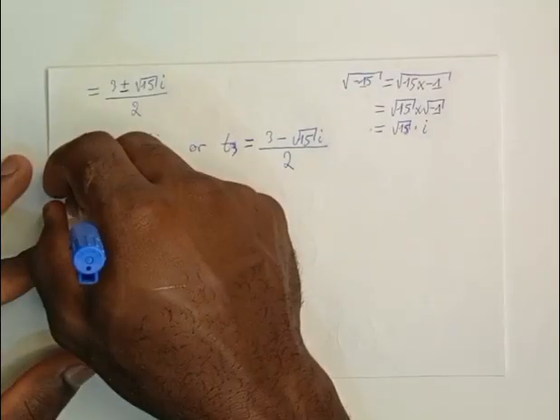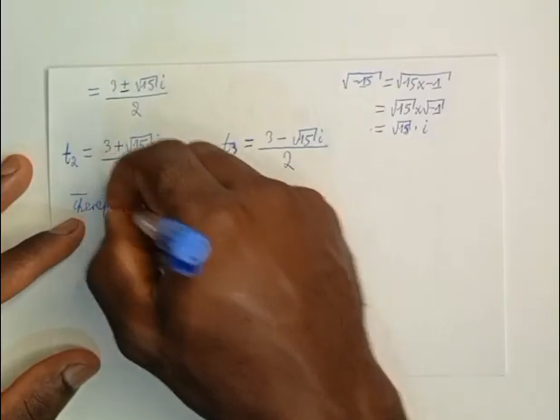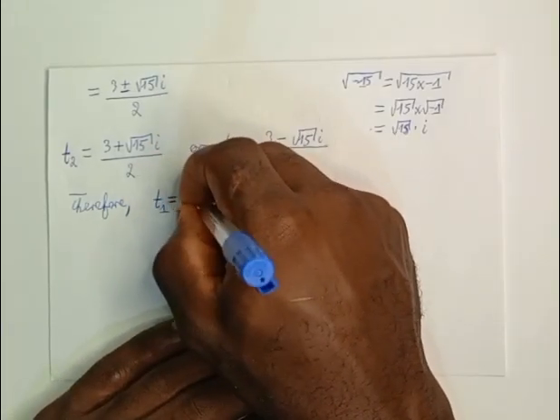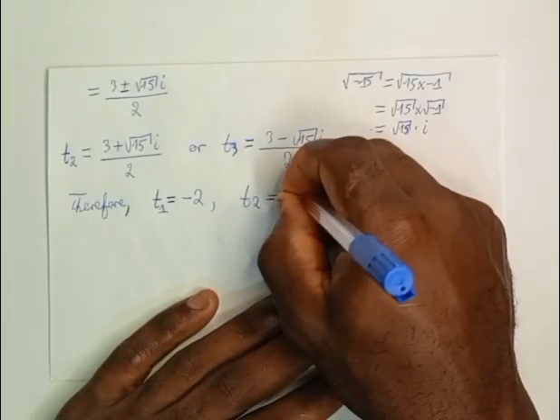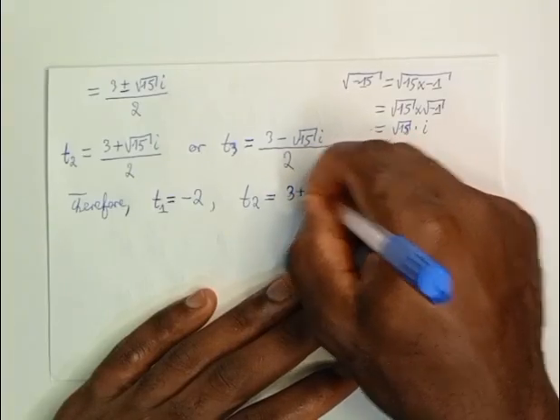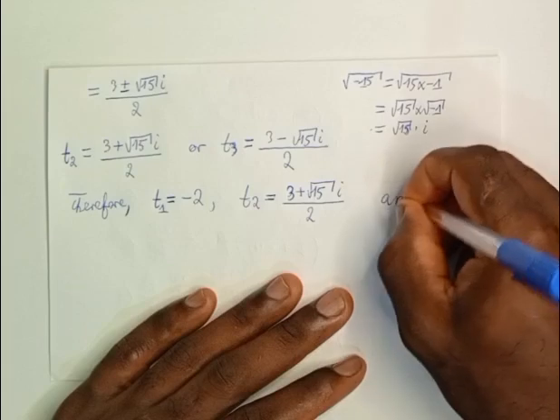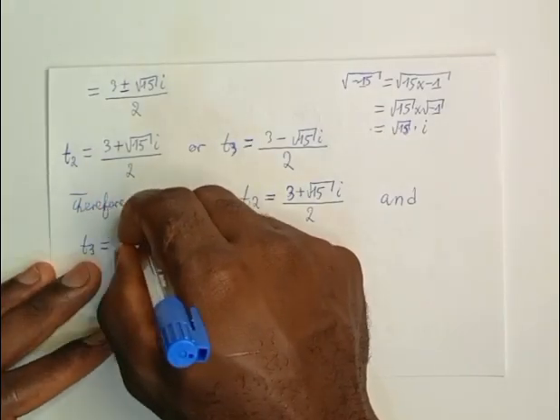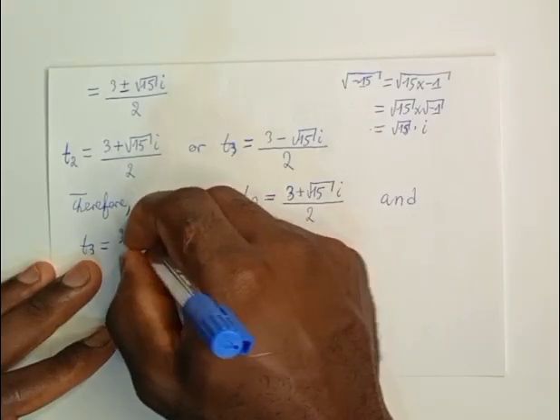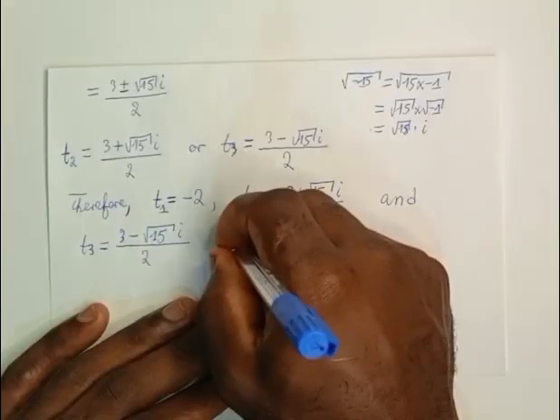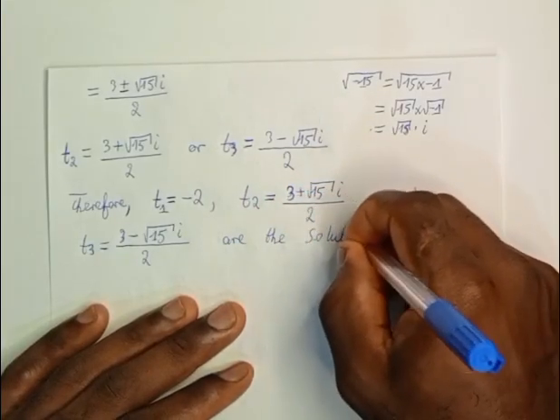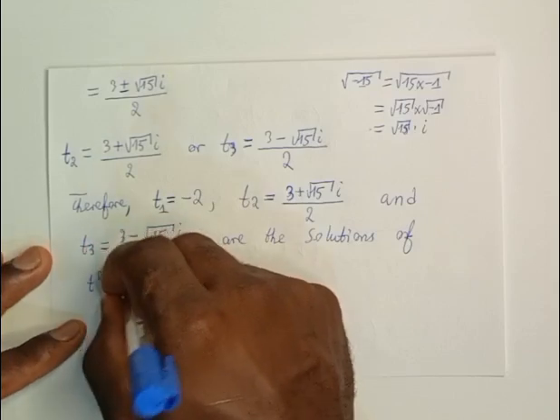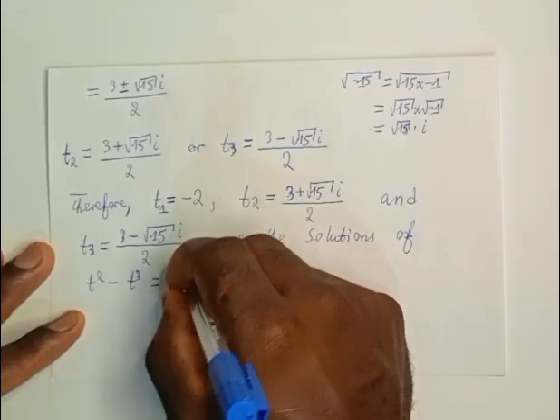Then we conclude, therefore, t1 equal to negative 2, t2 equal to 3 plus root 15i all over 2, and t3 equal to 3 minus root 15i all over 2 are the solutions of t cubed minus t squared equal to 12.